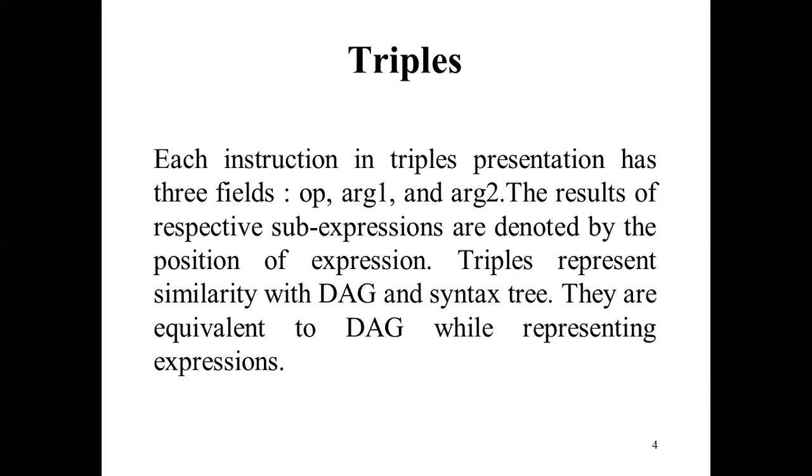But what is the difference between the DAG and the syntax tree? In a directed acyclic graph, if there is a repetition of any expression, then with the help of the link we will use the same link towards the node.